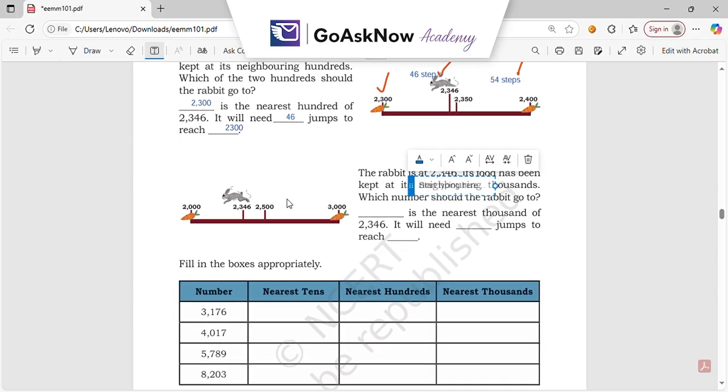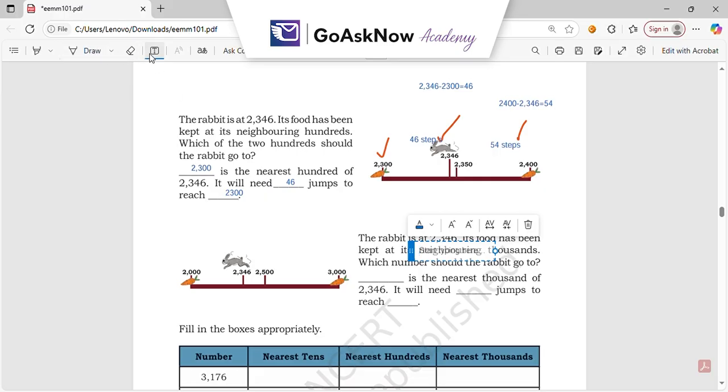After that, now the rabbit is at 2,346. 2,000 is here and at 3,000 we have food.